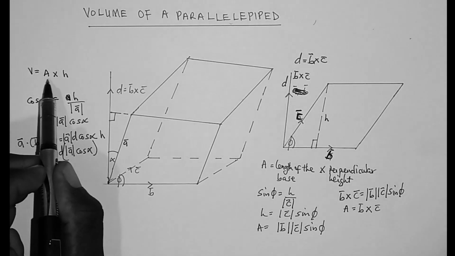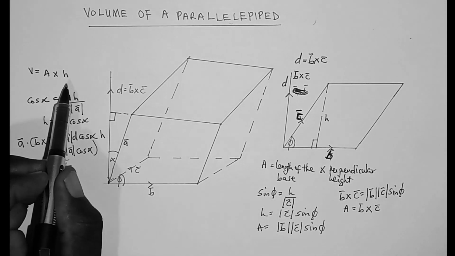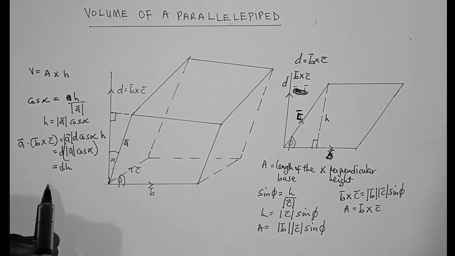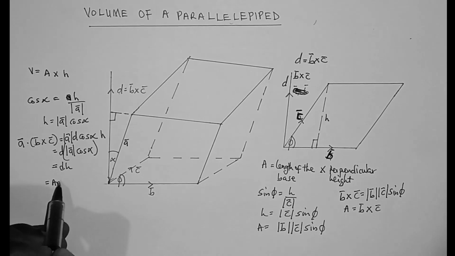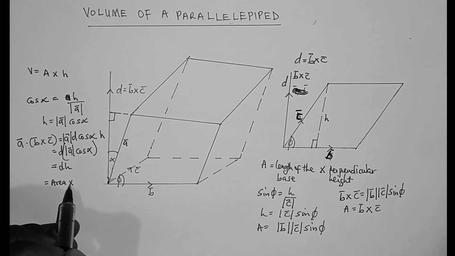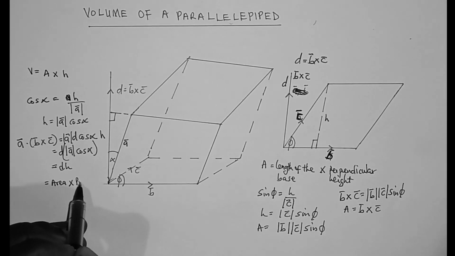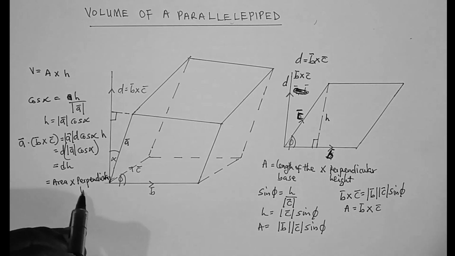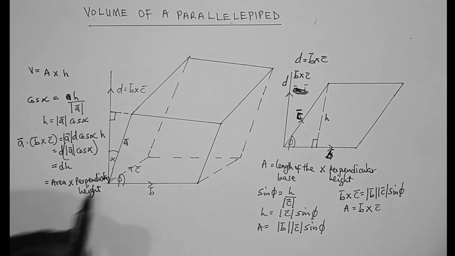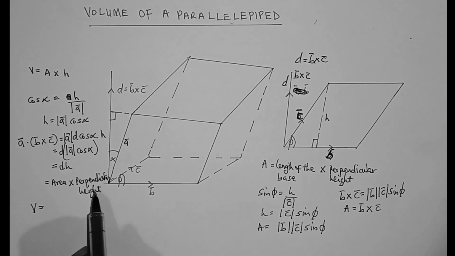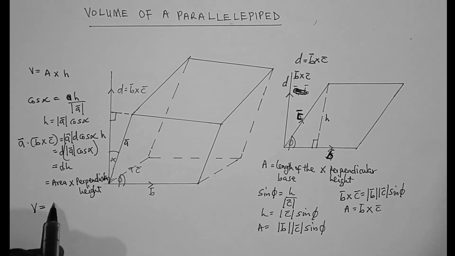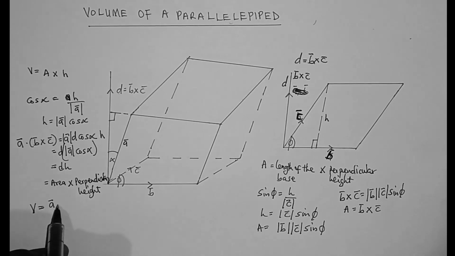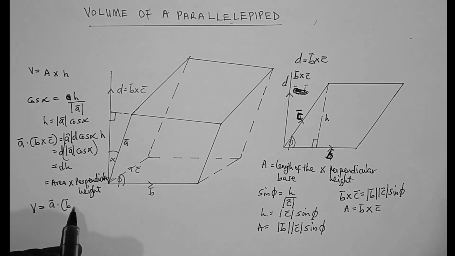We've already said volume is equal to area times the perpendicular height. So therefore, by deduction, the volume of a parallelepiped is V equals vector A dot vector B cross vector C.